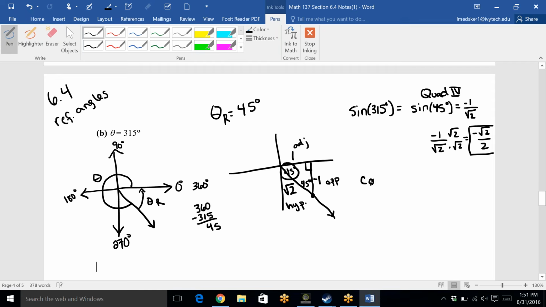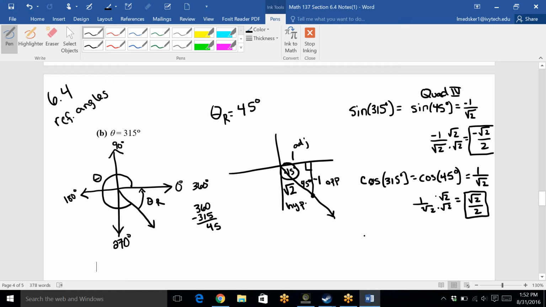The cosine of 315 degrees is also related to the cosine of a quad 4, where your reference angle is 45 degrees. Adjacent over hypotenuse is what you use for cosine. So that would be 1 over square root of 2, and if we rationalize that, get the radical out of the bottom, it would be square root of 2 over 2.